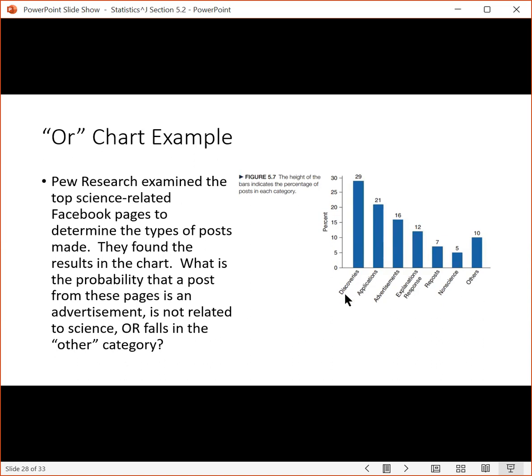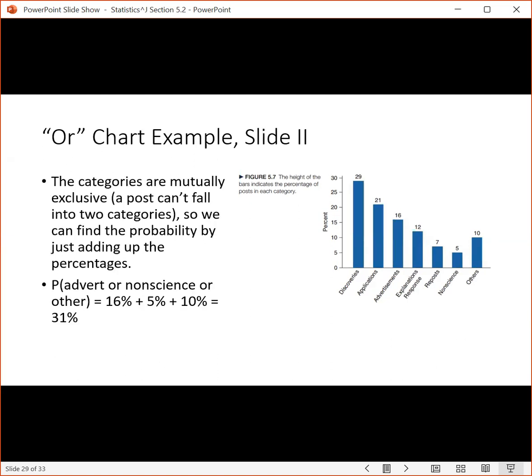You cannot be in the discoveries category and in the applications category. Because of that, we can just add up the results. Advertisements look like 16%, not related to science is 5%, and the other category is 10%. We can find the probability just by adding those up, and we get 31%.